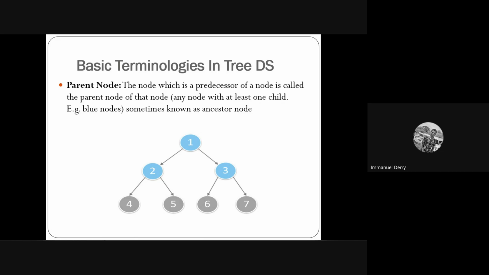And from this tree we have here, the root node has 2 children. So it's obviously a parent as well, which is 1.